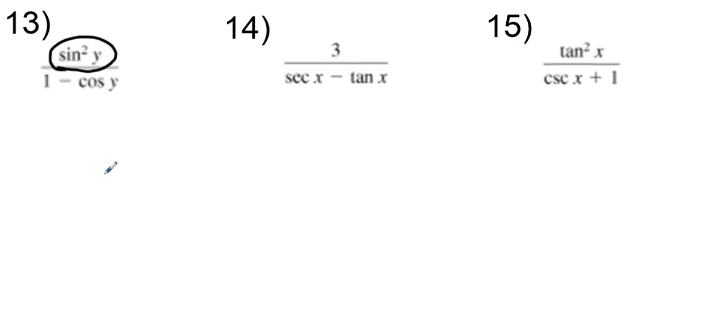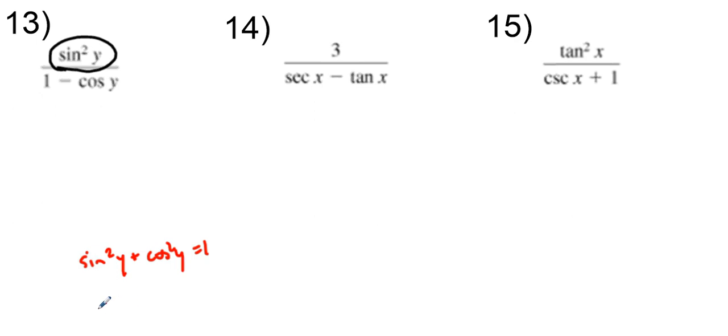Now, sine squared y, if you recall, and we have 1 minus cosine y. This gives me pause, because sine squared y plus cosine squared y is equal to 1.